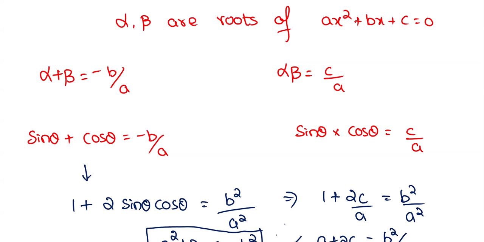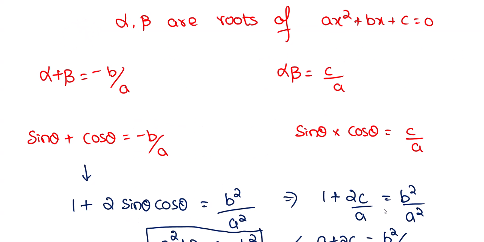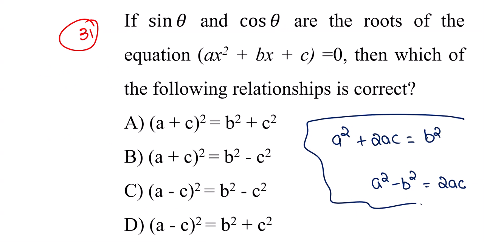Okay, fine. Now that's one thing. But here a square plus 2ac is equal to b square. That's the relationship we got. Or we can say a square minus b square equals minus 2ac. But don't worry, in the options it's indirectly given. You expand the first option.